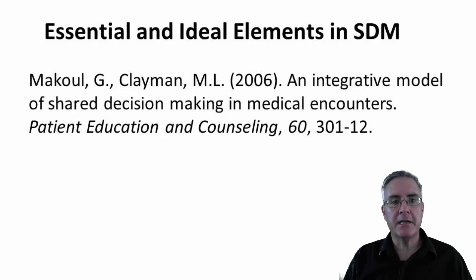As I noted at the outset, a number of definitions have been offered. McCall and Clayman recently examined dozens of research reports on shared decision-making to identify the essential features of shared decision-making, the features that must be present in true shared decision-making.